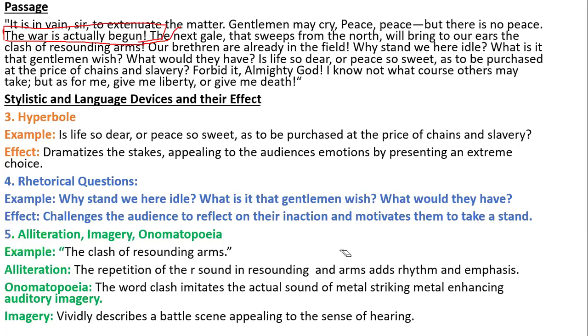So what devices do we have so far? Start from the top. Repetition. What else? Metaphor and personification.